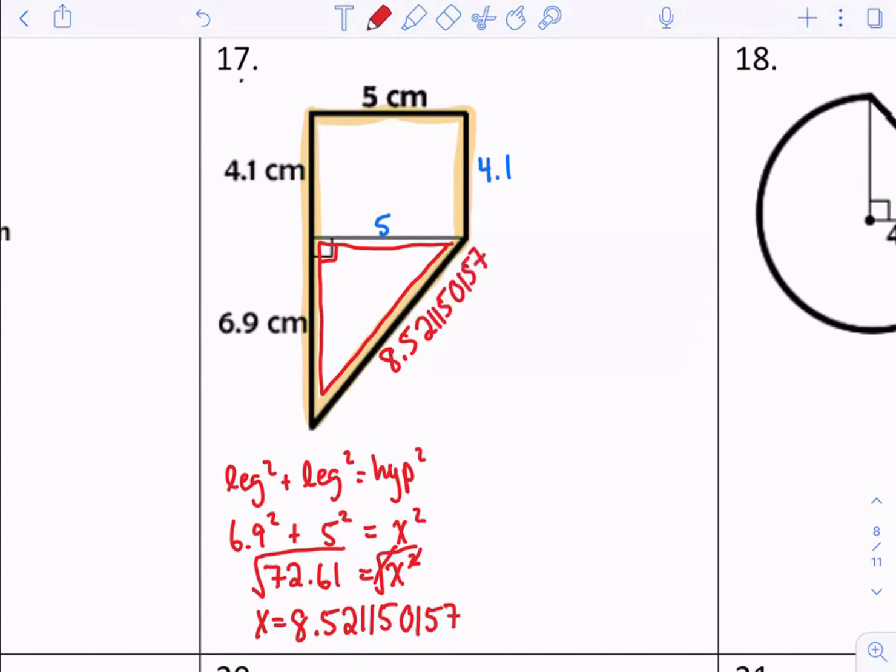So my final perimeter, if I add those up, 8.52 plus the 4.1 plus the 5 plus the 4.1 plus the 6.9 gives me 28.6 centimeters, about.